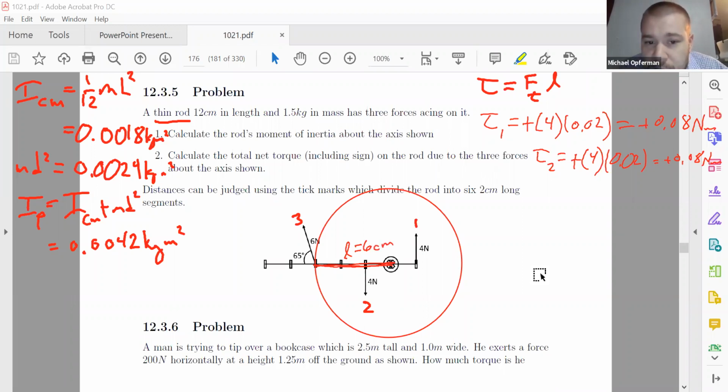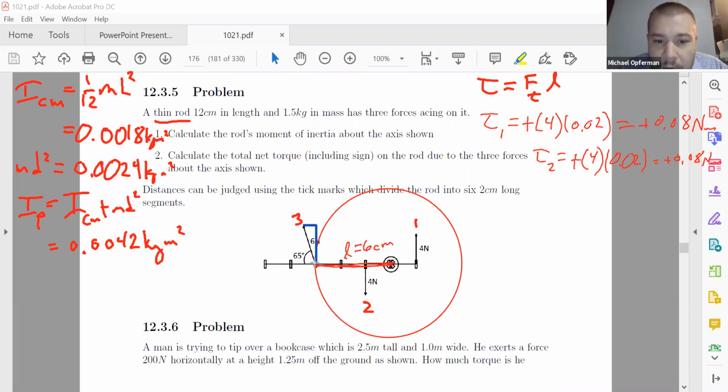For this one, I do have to worry about the force components because I can see this force is not tangential. This force has a tangential component, but there's more to it than that. So let's be a little bit careful. Let's switch colors here. What I want to do is visualize a tangent to the circle like that and drop a perpendicular like that.